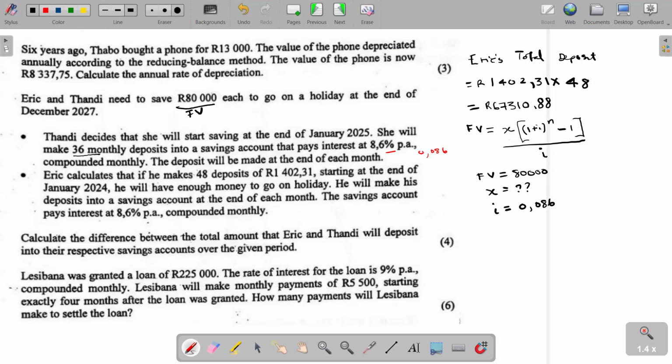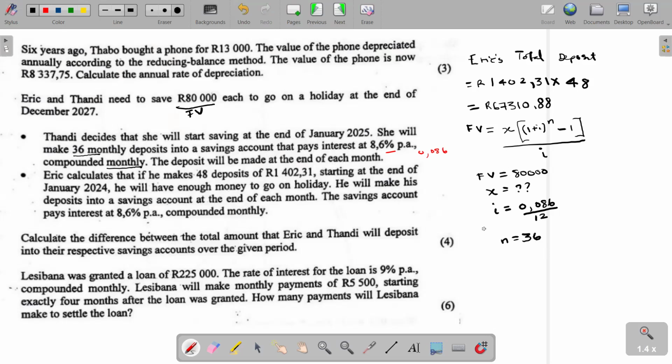But you are told that it's being compounded monthly, so this is going to be divided by 12, because per annum we are going to compound it 12 times. And then the N, you are told, is going to do the payments in 36. They said 36.